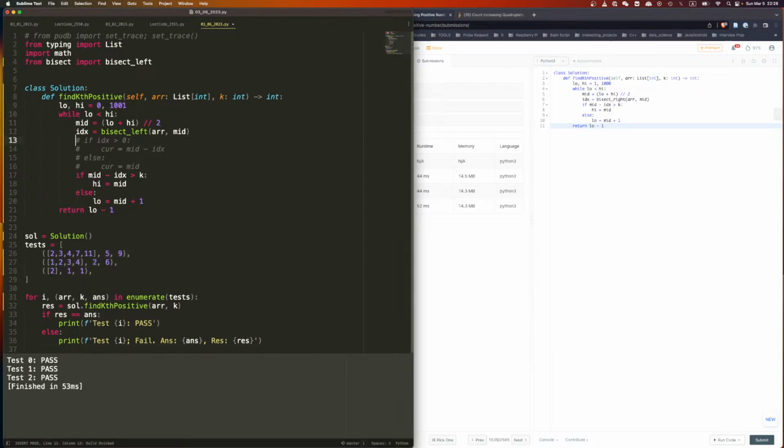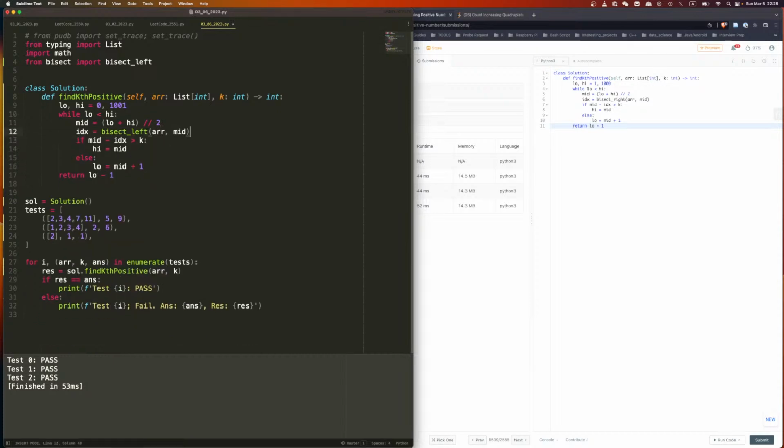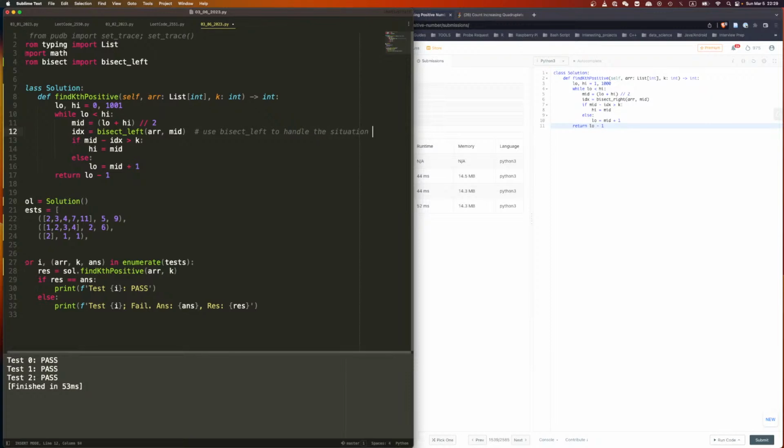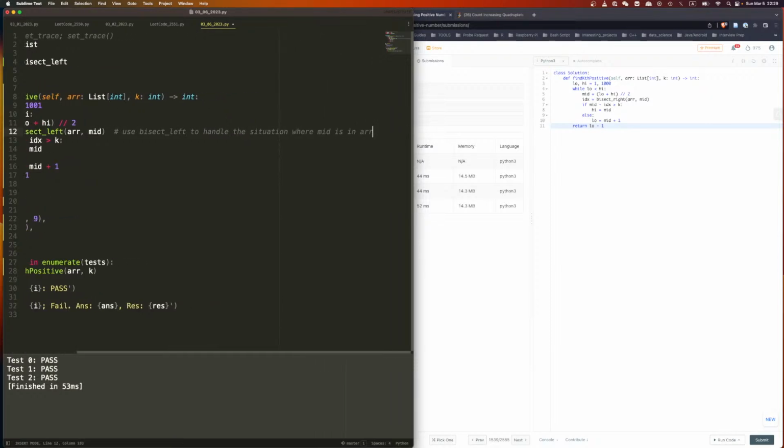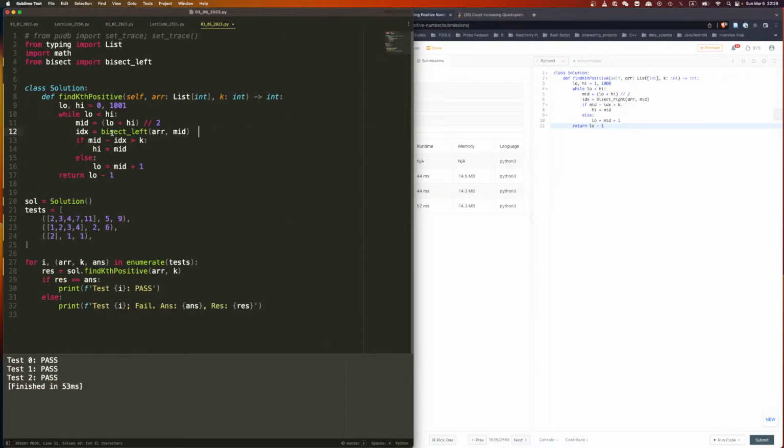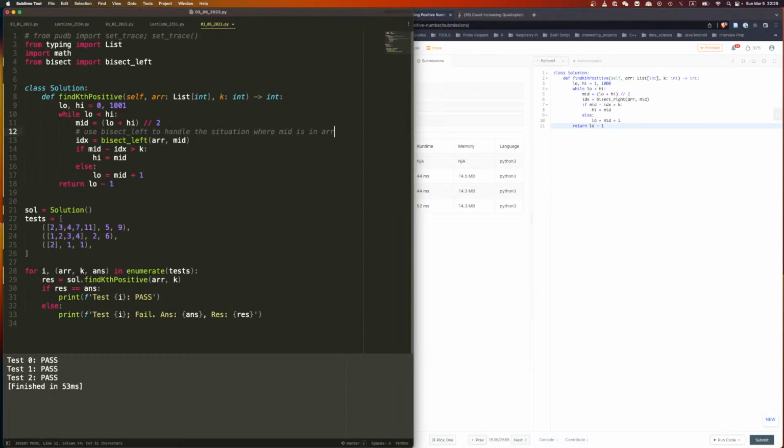Maybe it should handle the situation where mid is in the array. If mid is in the array, now we pretend this is something we want to find.